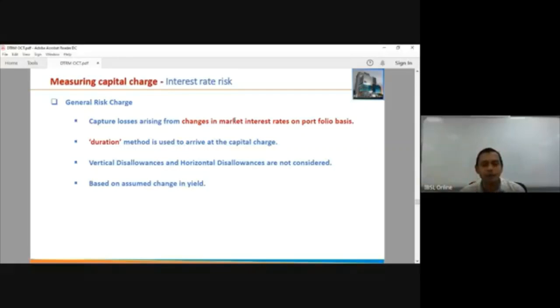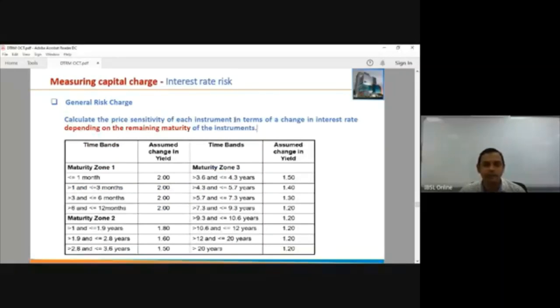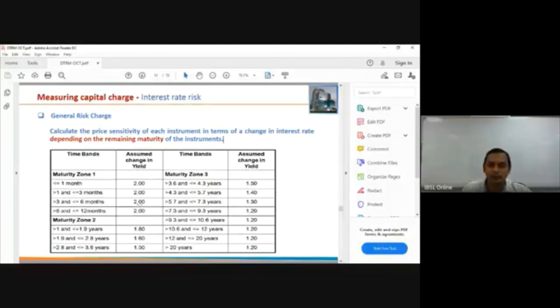If it is between 2 years and 2.5 years, this is the change. So that change is already specified. This is that table. Forget about these maturity zones, because they are applicable to the vertical and horizontal disallowances. For Sri Lanka, it is not permitted anyway.